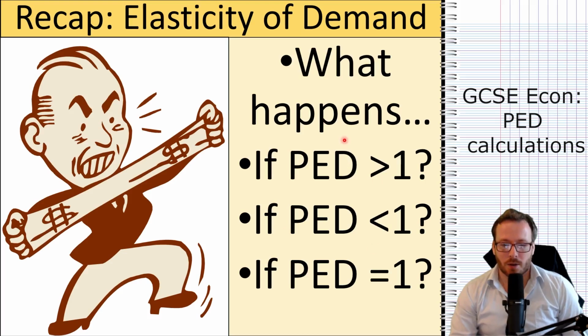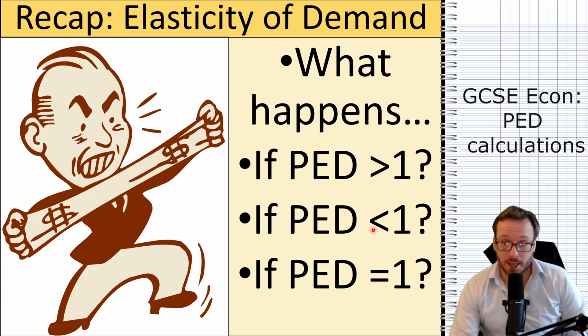Okay, so pause the video. Think about this. If PED is above 1, have a look at these, pause the video, have a think. So if PED is above 1, that is elastic demand. It means the change in quantity demanded is greater than the change in price.